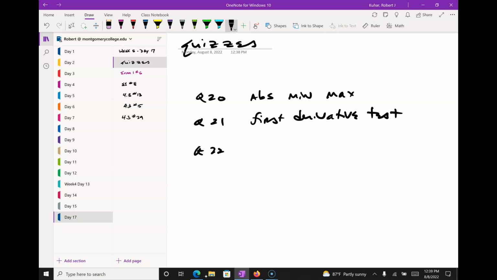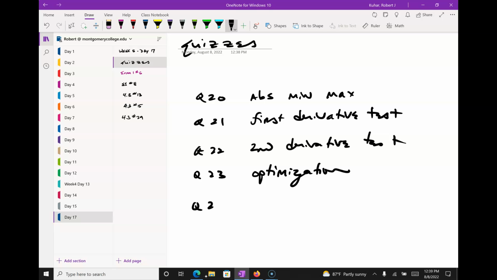Quiz 22, second derivative test. Quiz 23, optimization. Quiz 24 is going to be the area problem, which I didn't learn yet. It's chapter 5.